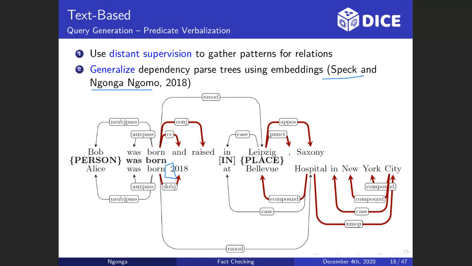We can still take all of these and generate what we call a dependency path tree. The dependency path tree is what you see on top here. I guess most people have seen something like this before, but it tells you how the different bits of the sentence are related to the main actor of the sentence, which is the verb "to be born." And we can then find subtrees which express a particular relation.